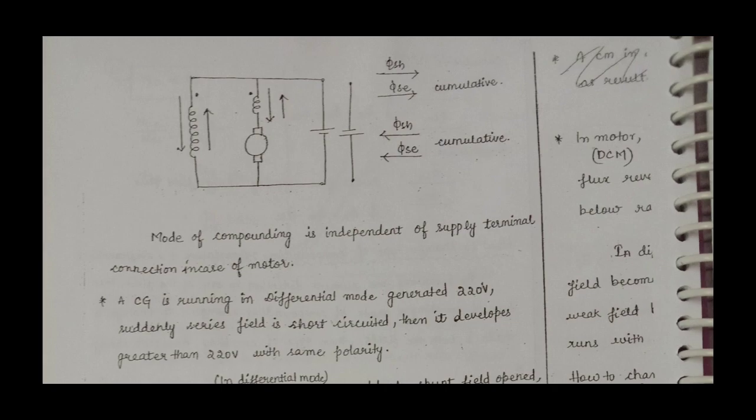Again observe that cumulative means the field fluxes phi sh and phi sc are in the same direction. Differential means phi sh and phi sc are in opposite directions.